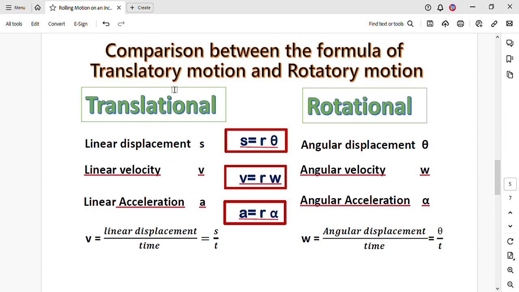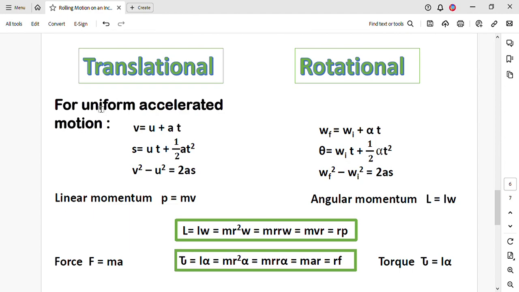Now in translation motion, velocity equals linear displacement over time, s by t, and here omega equals angular displacement by time, theta by t. Next, for uniformly accelerated motion we study v equal to u plus at, the first equation of motion, s equal to ut plus half at square, and v square minus u square equal to 2as.